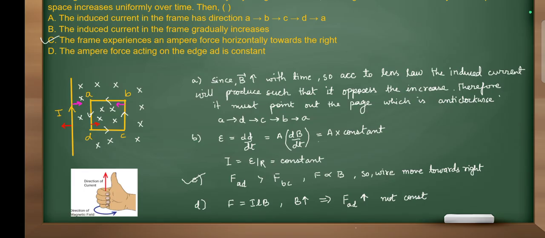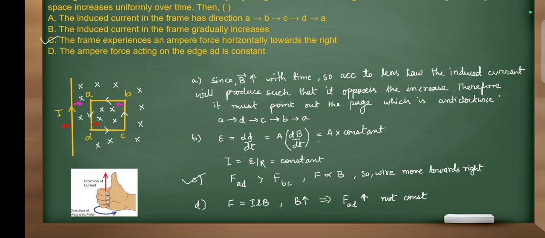Since the AD rod is closer to this conductor, the magnetic field at this point will be more as compared to the magnetic field through the line BC. So we know that force is directly proportional to magnetic field. That is why the force experienced by AD wire will be greater than the force experienced by BC wire. So the wire will move towards the right.